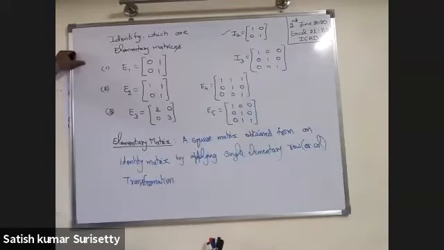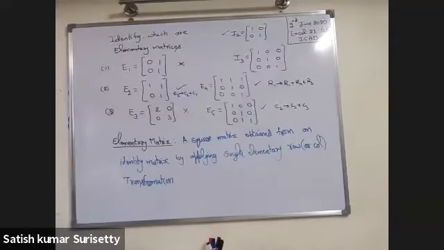By any operation, can you get E1 from the identity matrix I2? No. So E1 is not possible, E2 is possible, E3 is not possible, E4 is possible from I3 and E5 is possible from I3.